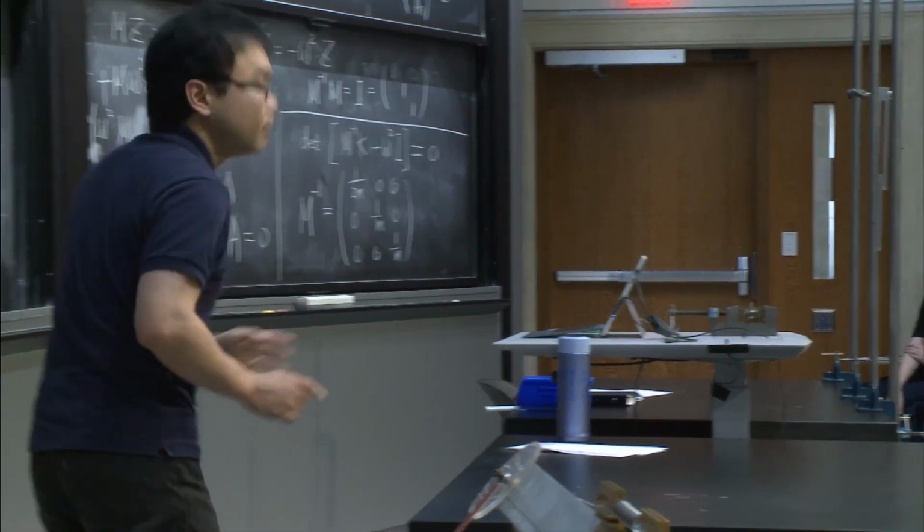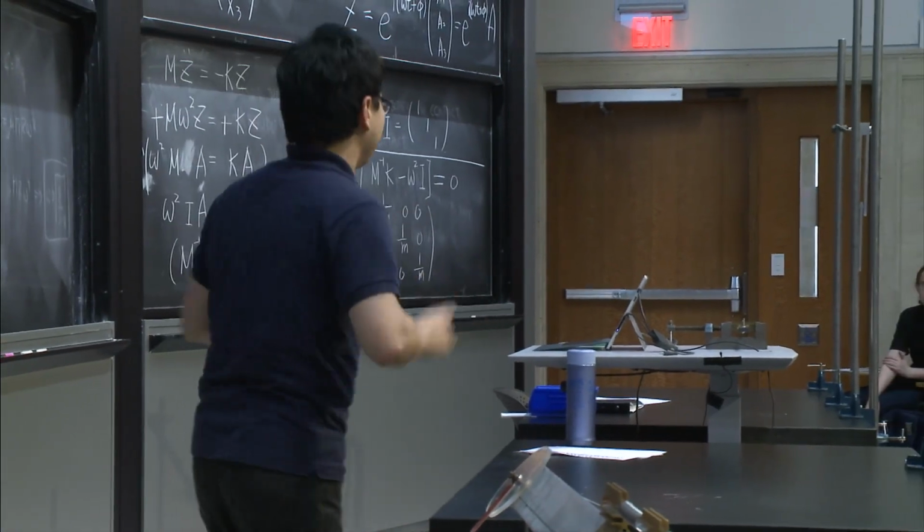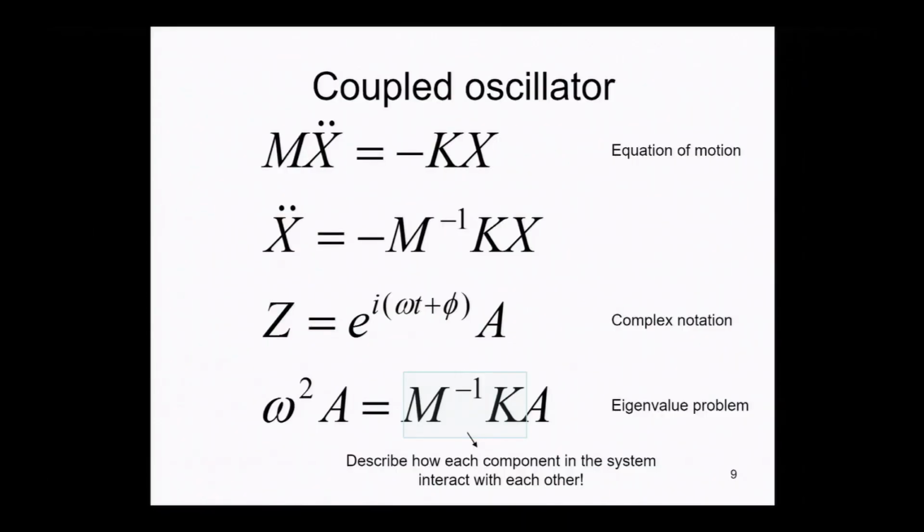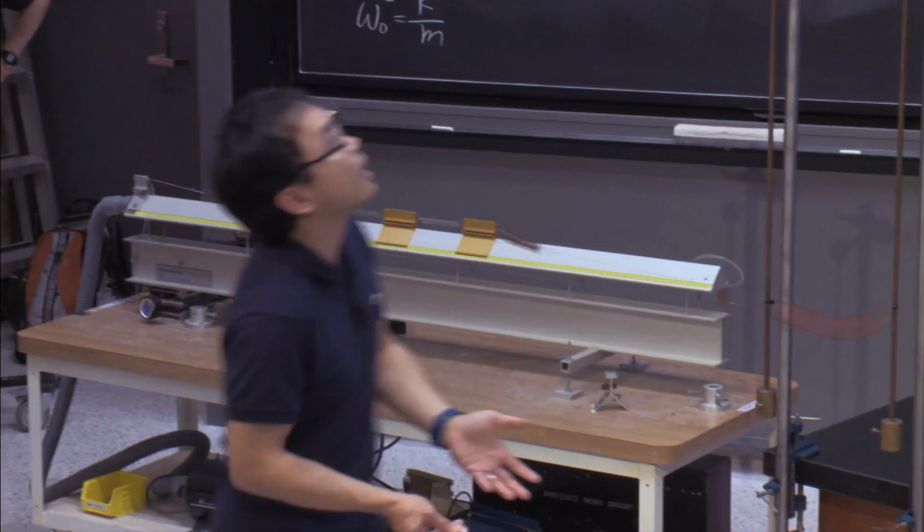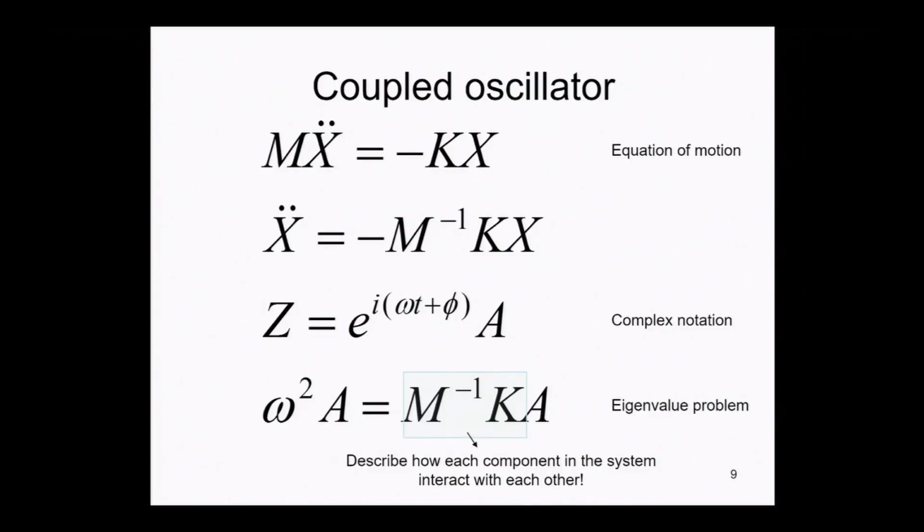So this example seems to be complicated, but what I want to say, I have 1 minute left, is that what we have been doing is to write the equation of motion based on the force diagram. Then I convert that to a matrix format, m x double dot equal to minus k x. Then I follow the whole procedure and solve the eigenvalue problem.